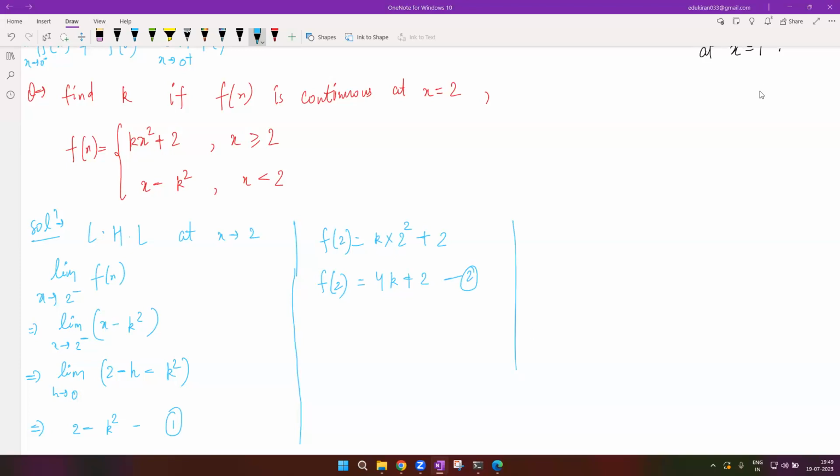Now the third part. RHL at x equals 2. So this will be limit x tends to 2 positive f(x).